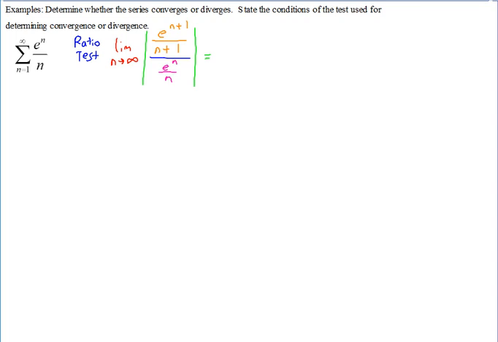Now let's simplify this. We have the limit as n approaches infinity, absolute value, and then we have e to the n plus 1 over n plus 1. Dividing by that is the same as multiplying by the reciprocal, n over e to the n.